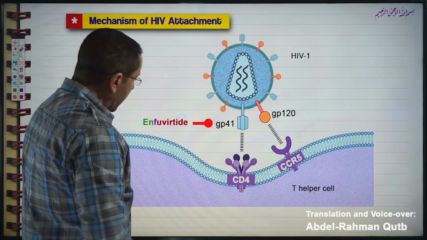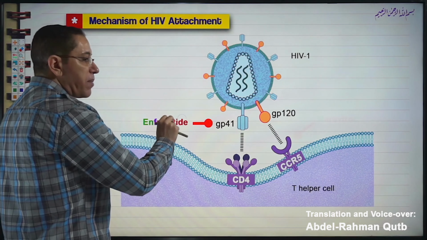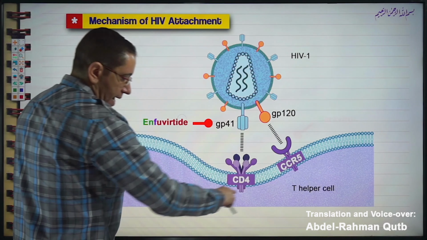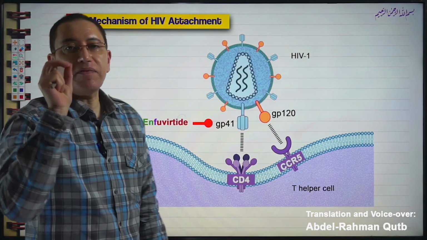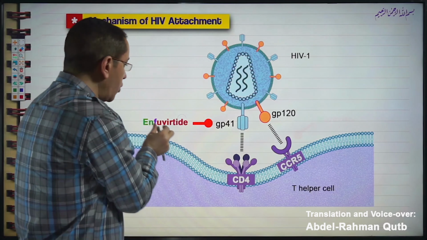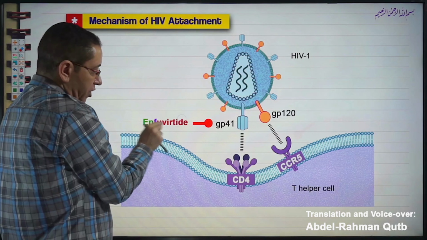Where does the name come from? This N in green tells you that the drug doesn't attach to the cell itself, but it attaches to the envelope of the virus, the viral envelope. So they added the EN to remind you, as if they are helping you in exams.